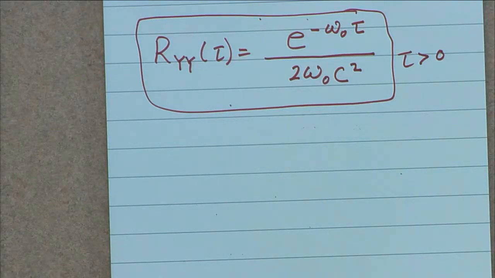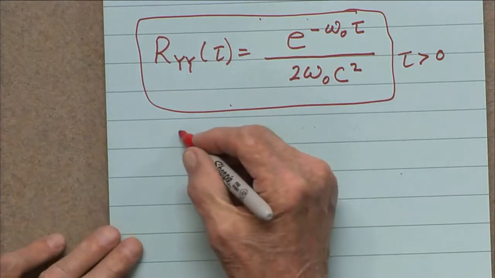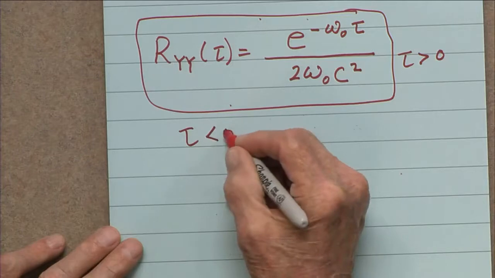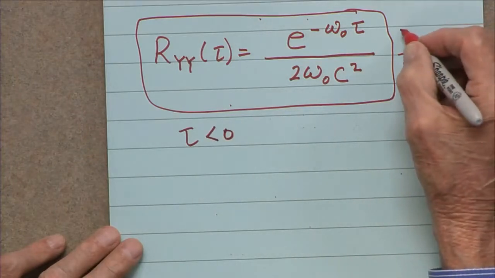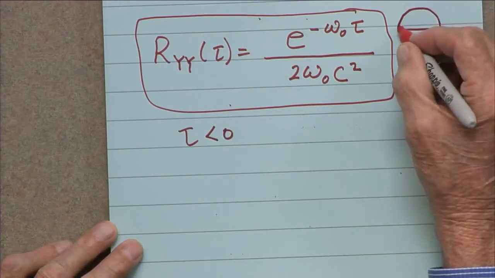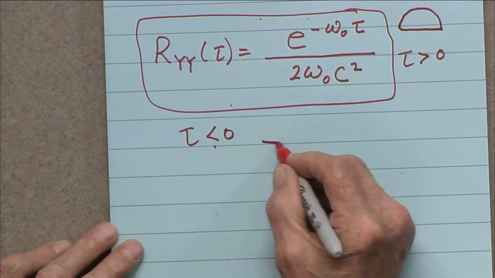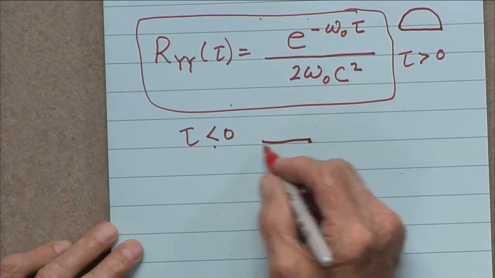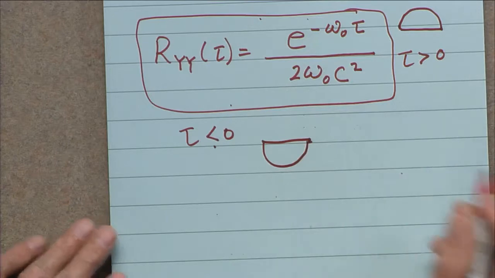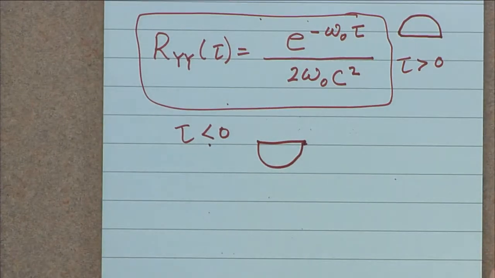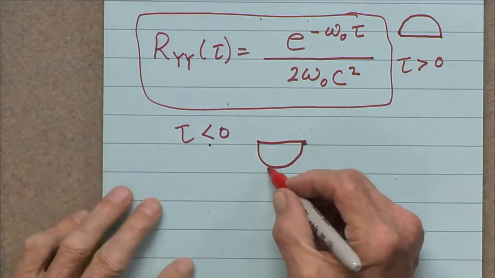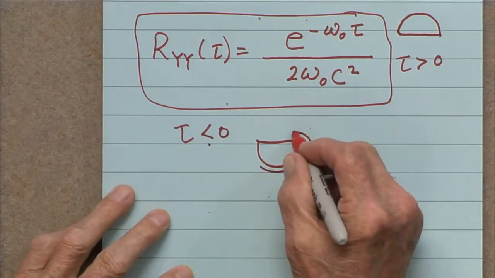What would we do if tau is less than 0? Tau less than 0, we want to integrate like that. Now, Cauchy's theorem means that you integrate in this direction.